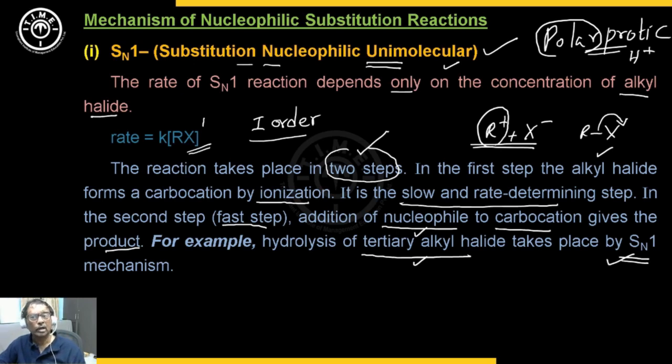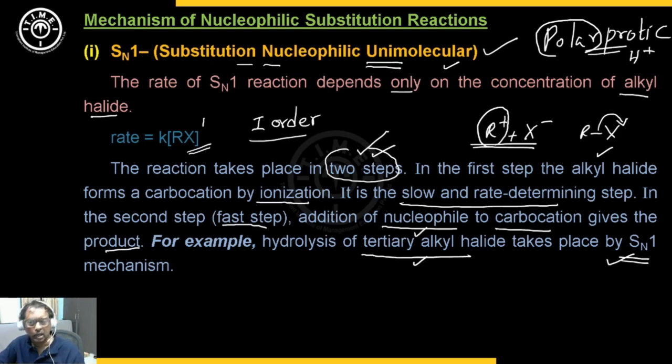Then the nucleophile is not an attacking one. So the nucleophile can be covered by the solvent, because it is not an attacking nucleophile, unlike what happens in the next mechanism that you are going to see. So this is an SN1 mechanism which takes place in 2 steps. We should say minimum 2 steps, because once a carbocation is formed, it may undergo rearrangement.